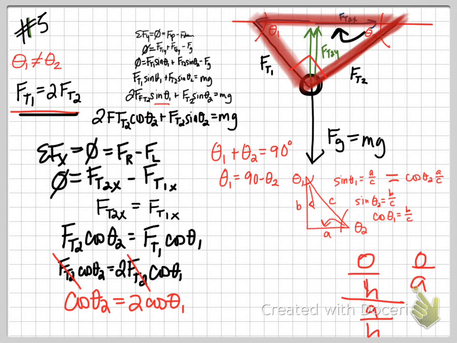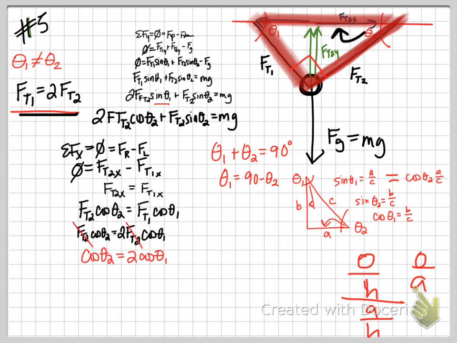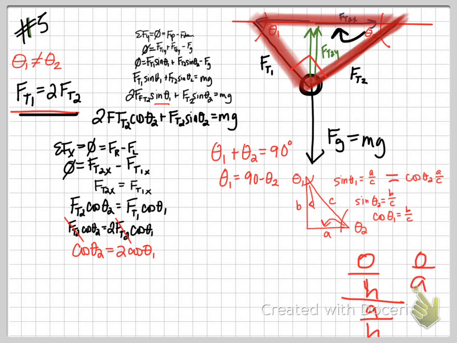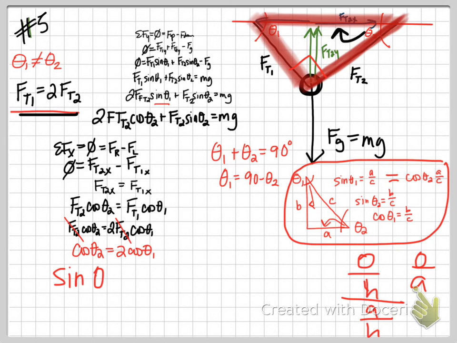All right. If we use what we did here to say that the cosine of theta 2 is actually equal to the sine of theta 1, we have sine theta 1 divided by cosine theta 1 equals 2.